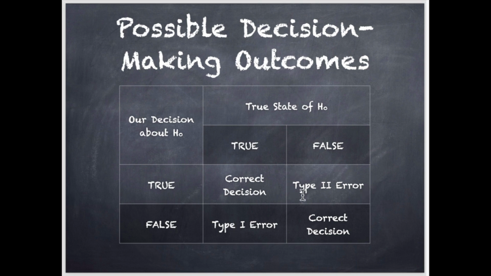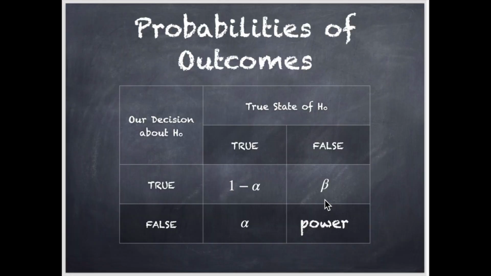Likewise, this cell here that I'm circling corresponds to a type 2 error. Remember, when the null hypothesis is false, but we conclude that it's true, that's a type 2 error. And the probability of committing a type 2 error is beta.